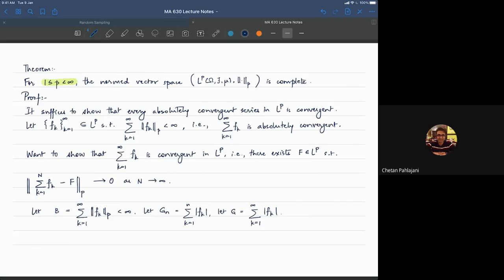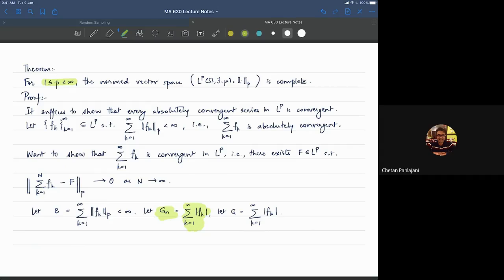Before I go any further, is there any danger that this quantity may be undefined? Spoiler alert, there is no danger. Why? What sort of sum is G_n? It's a finite sum, so there's no danger of G_n running into any problems.